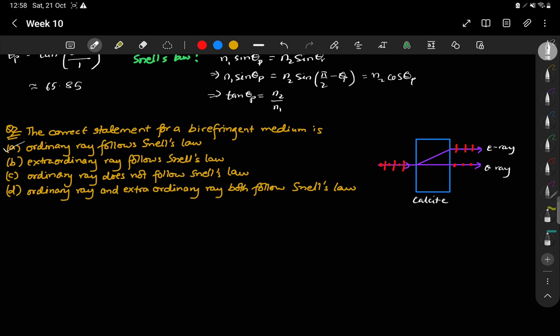And we have the speeds for the ordinary and extraordinary rays given as follows. So the ordinary ray is the usual that we know. So the speed is c over n, and O being the refractive index for the ordinary ray. Whereas for the extraordinary ray, it is a bit non-trivial.